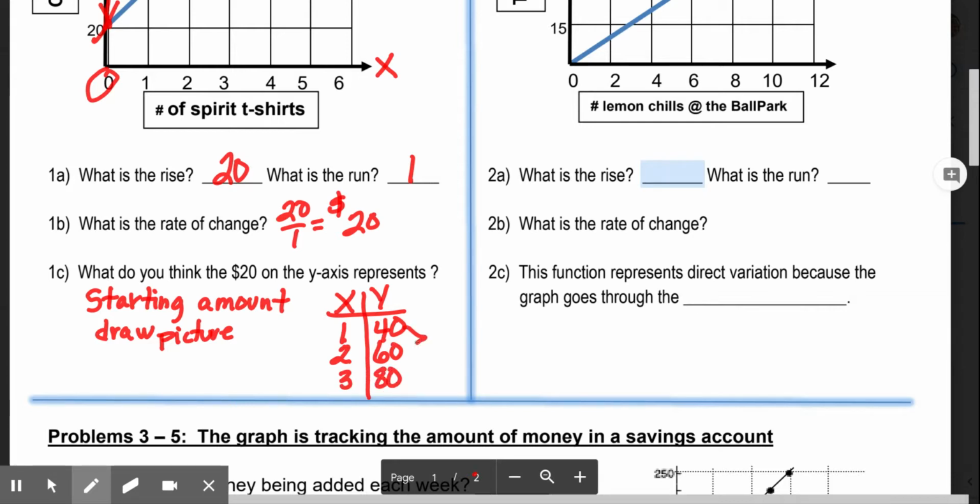So you can see the difference here. From 40 to 60 is 20, from 60 to 80, all this is a difference of 20. So basically, it's your $20 per shirt, and it just happens to be that $20 is also the startup amount as well in this certain figure.